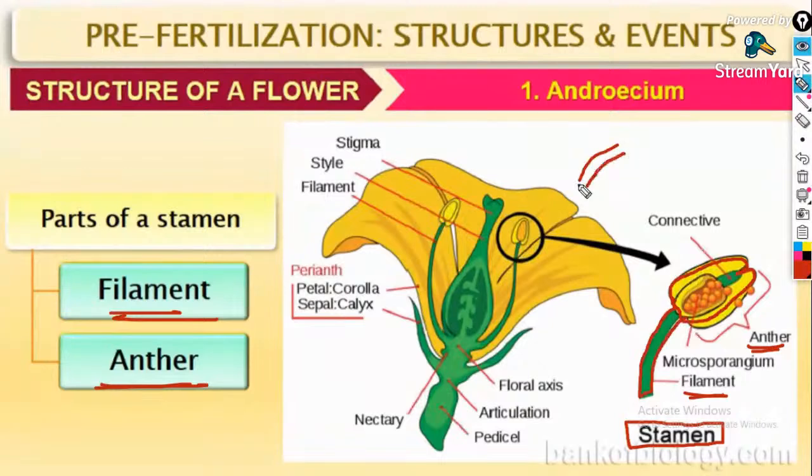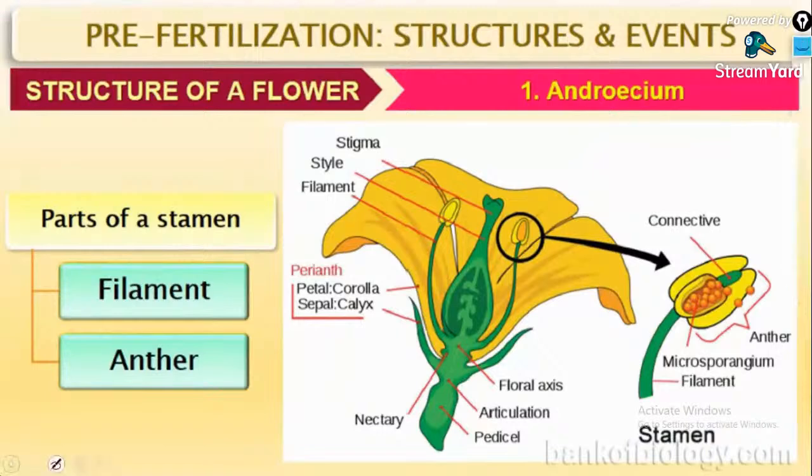At the top of the filament you will have the bilobed anther, and this anther consists of the pollen grains, which are released under specific conditions. I hope you are clear with these parts of the Androecium.